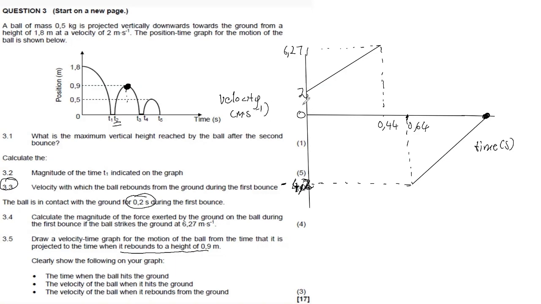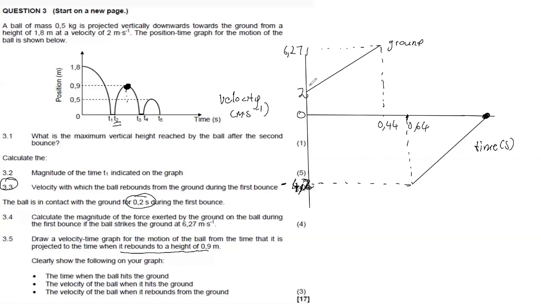So to tell the story on this, the ball was projected downward at a velocity of 2 meters per second, and then it went all the way down to the ground. So this is the ground. Do not be confused by this, guys. This does not indicate that the ball went upward. This is just indicating that as the ball was going downward, the velocity was increasing. Remember, when the ball is going downward, its kinetic energy increases.